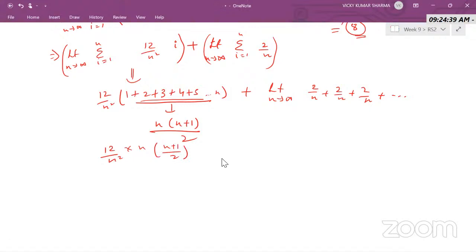Now you see this summation symbol is gone, but my limit symbol is still there. I did not remove my limit, so I can just give limit n tends to infinity and keep this all together. Over here, what is happening? 2n plus 2n plus 2n plus 2n plus 2n plus what? It's going up to n, so I can write this as 2n times n.